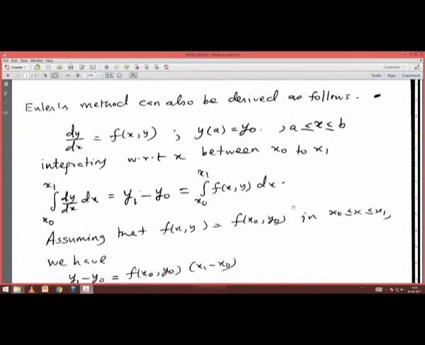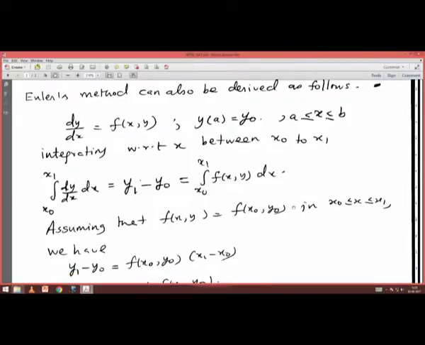And Euler's method can also be derived another way, namely I take the differential equation dy by dx equal to f of x comma y and the initial condition; we want to obtain the solution in the interval a to b. So, I integrate both sides with respect to x between x0 and, say, x1. How do I get this x1?